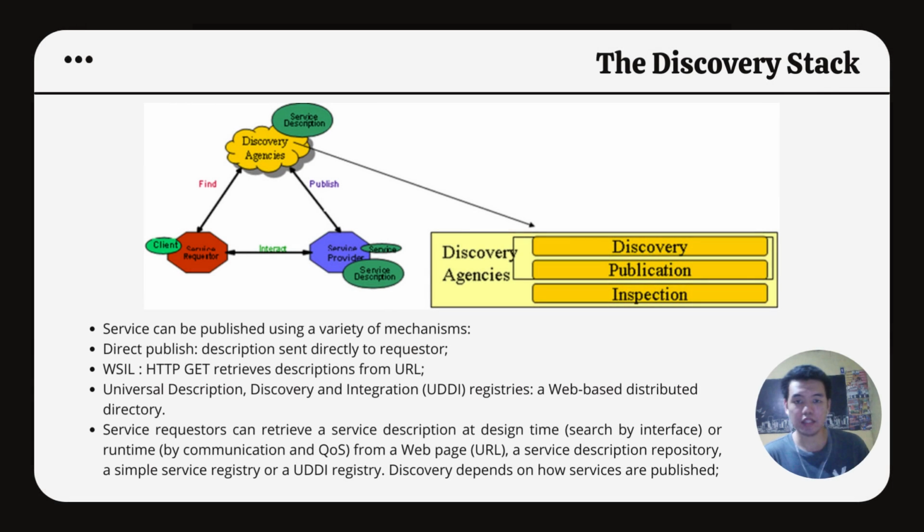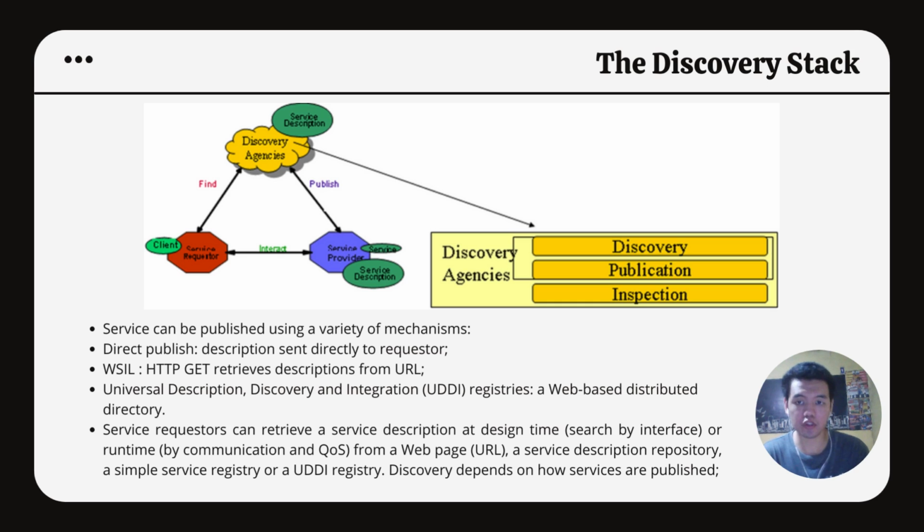As it goes, the discovery stack was made. First of all, there are discovery agencies wherein the discovery was made. After that, publication is inserted, and lastly they inspect it.